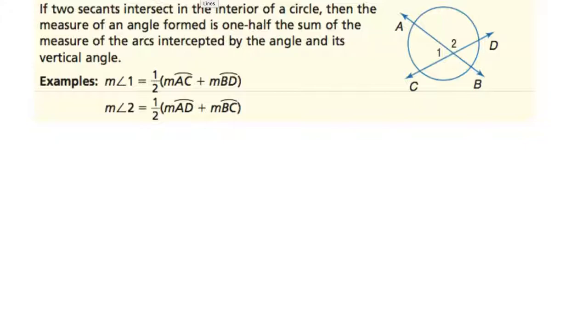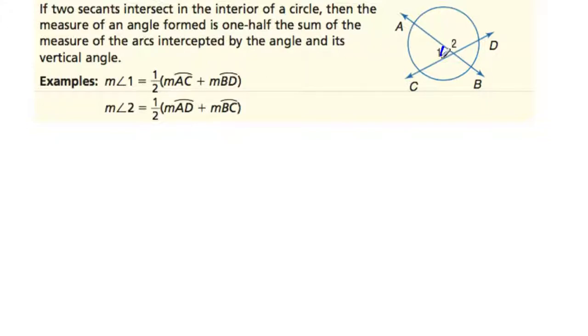If I have two secants that intersect in the interior of a circle, so not necessarily the center, it looks like the center's about here for this circle, so anywhere in the circle, then the measure of an angle formed is 1/2 the sum of the measures of the arcs. For example, this is angle 1, right here.